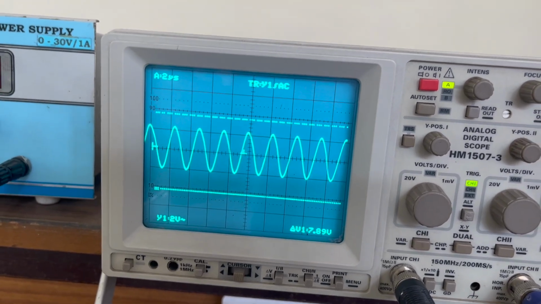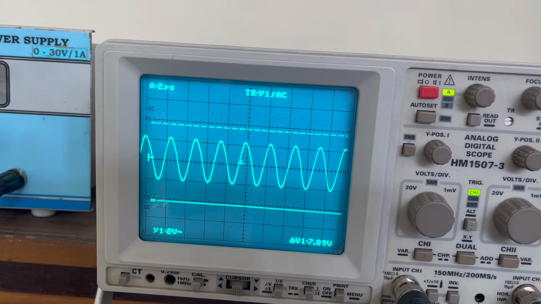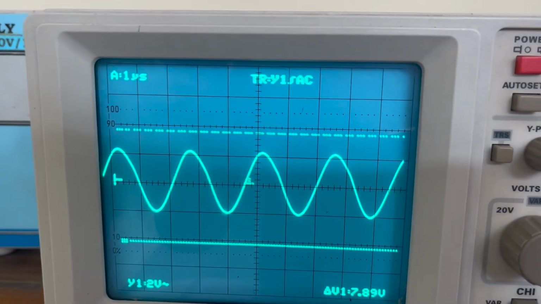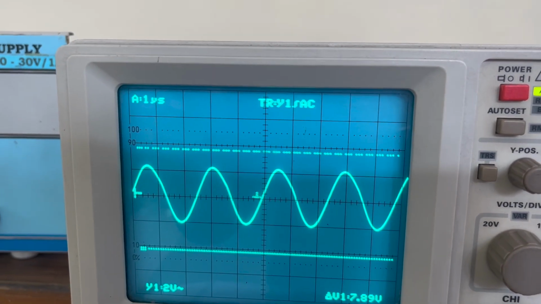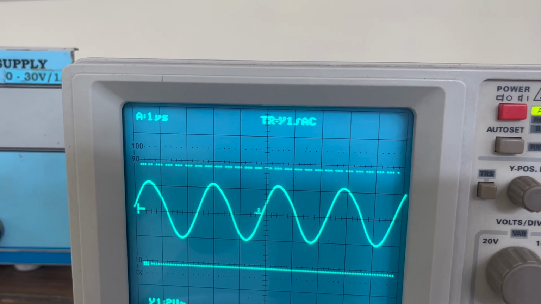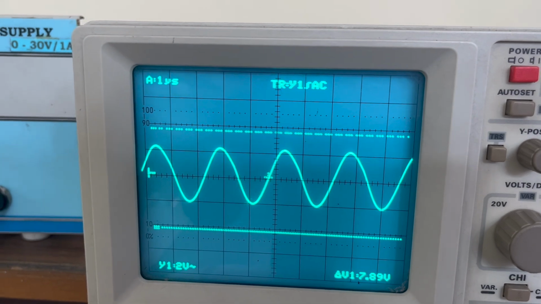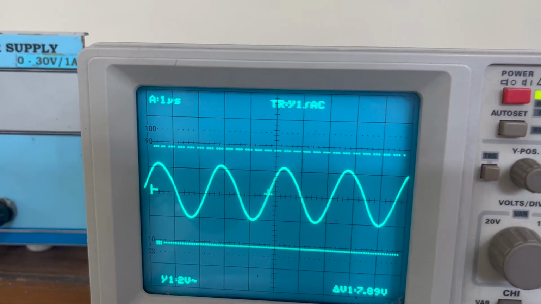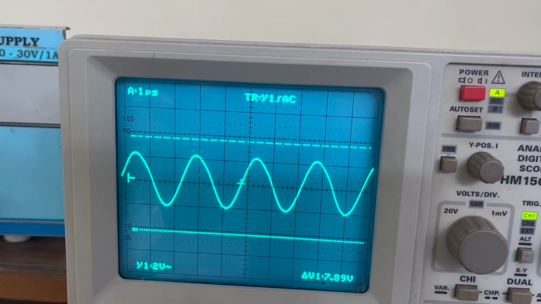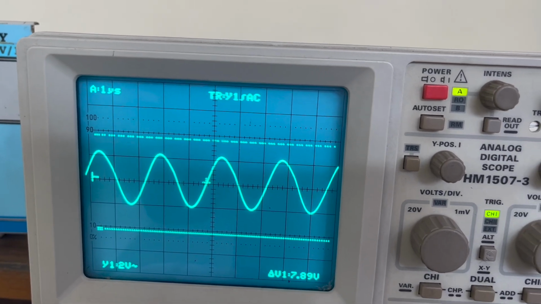And you can observe here the amplitude is approximately 4 volts and the time division setting is 1 microsecond, and it is taking approximately 2.4 divisions here on the time axis, that is on horizontal axis. So thereby we can calculate the frequency using this time period here.